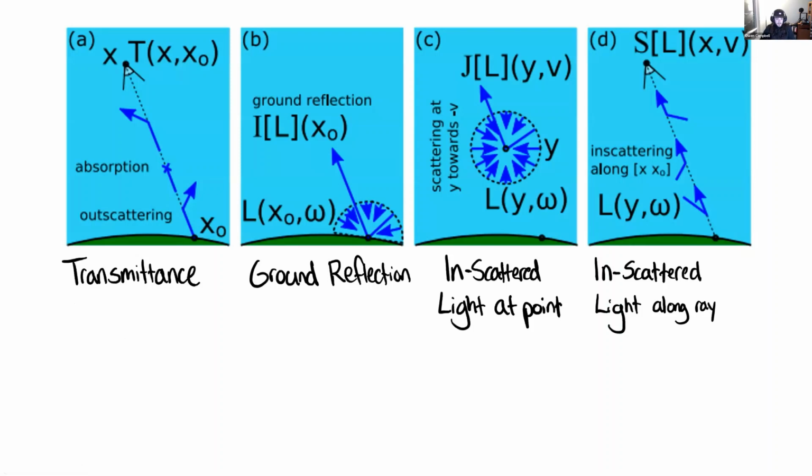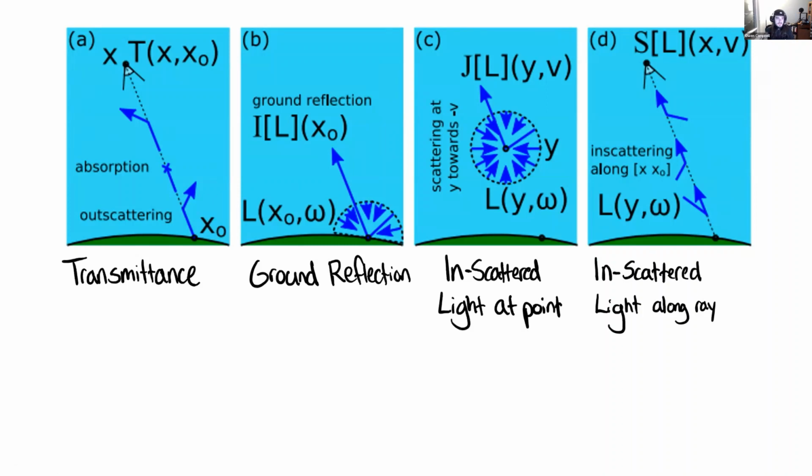So in order to figure out how to calculate that light equation, there are a few intermediate things we need to know. One of those is the transmittance. This is basically, if you're looking in a direction towards an endpoint, because if you're looking down, the endpoint is going to be on the ground somewhere.